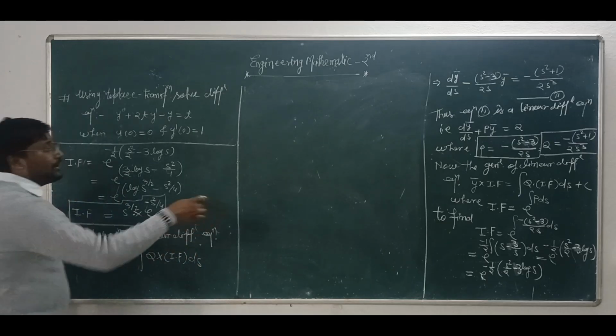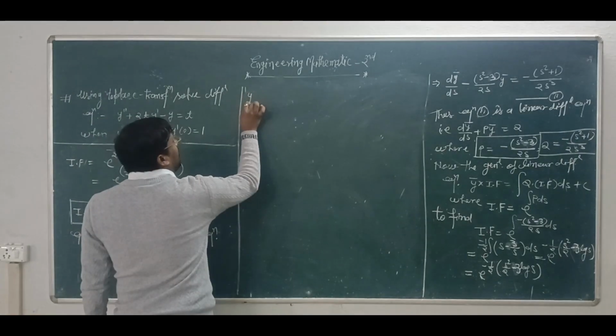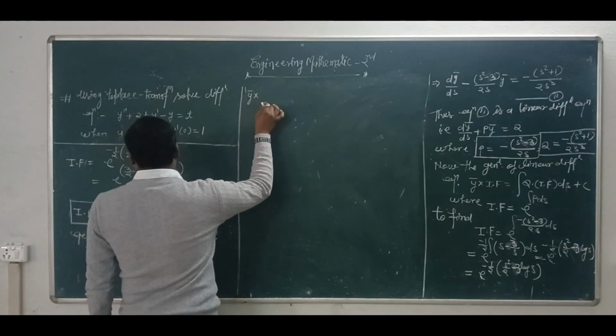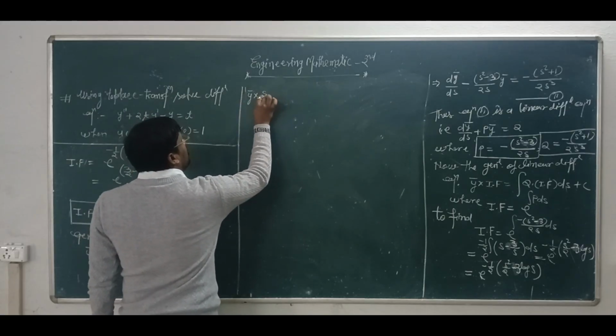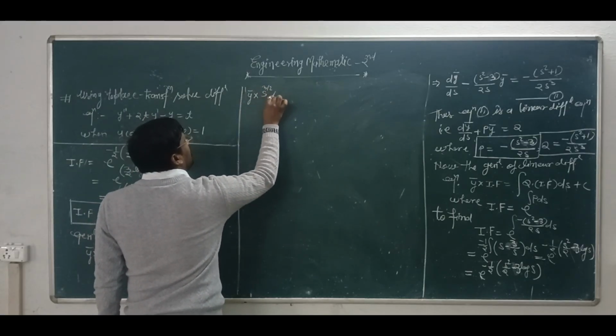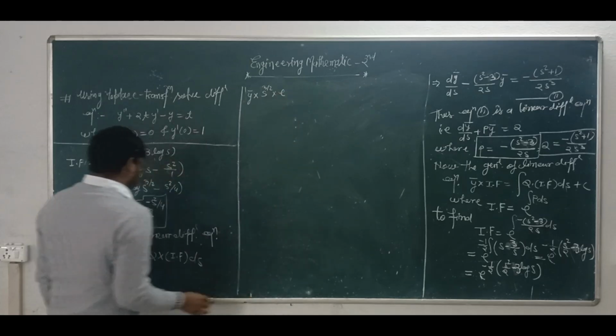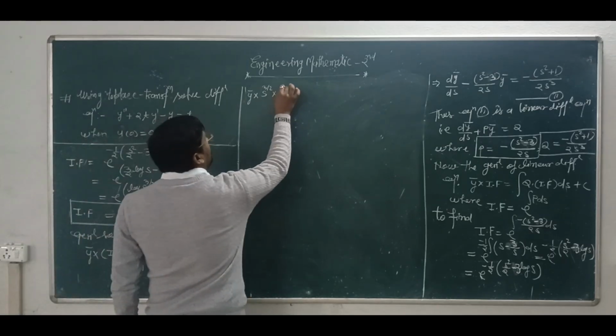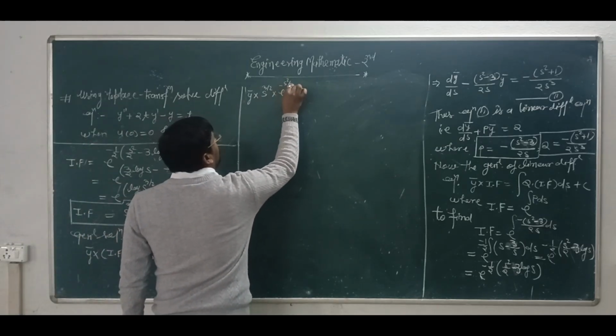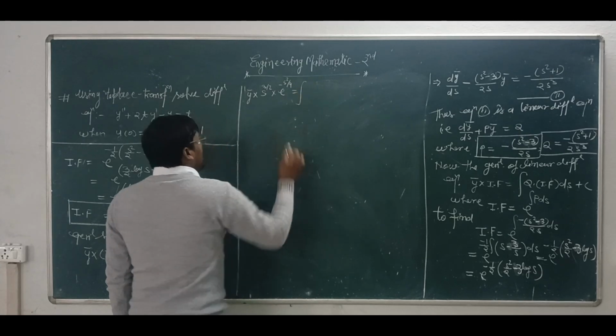Now you can put all the values: y bar into s to the power 3 by 2 into e to the power minus s square by 4 is equal to integral Q.